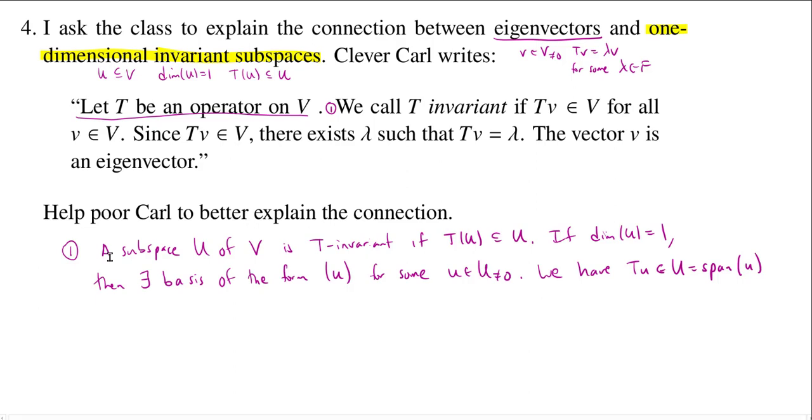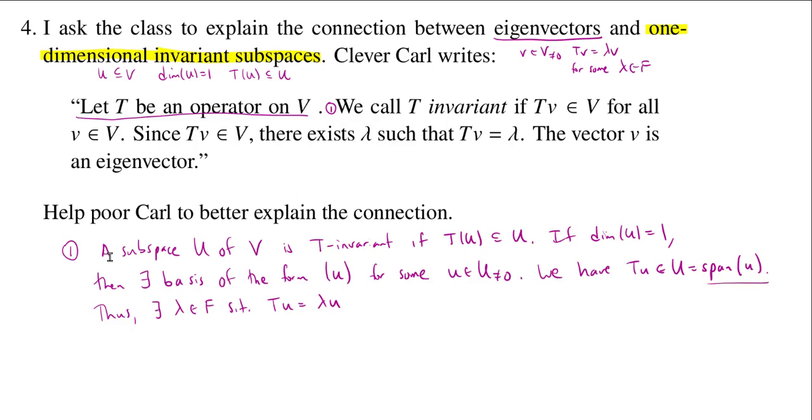The span of just one element just means it's a multiple of the element. Thus there exists some lambda in F such that Tu is equal to lambda u. Tu has to be a multiple of u because it's in the span of u.